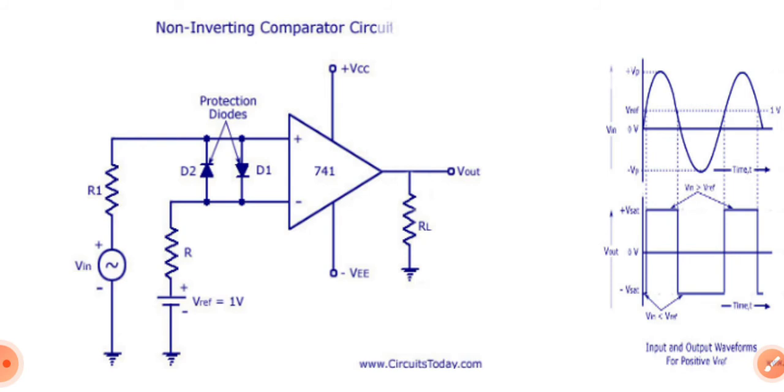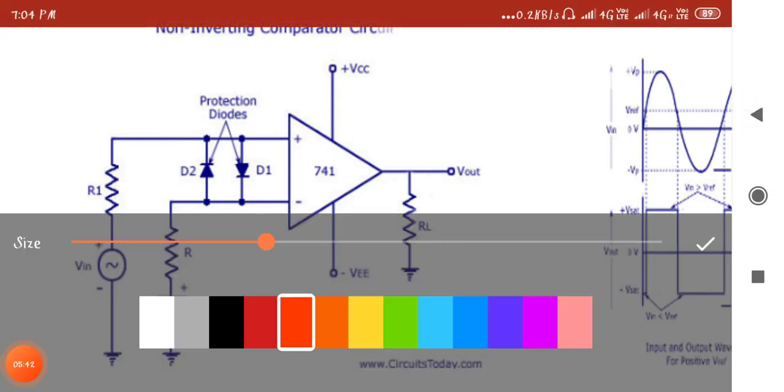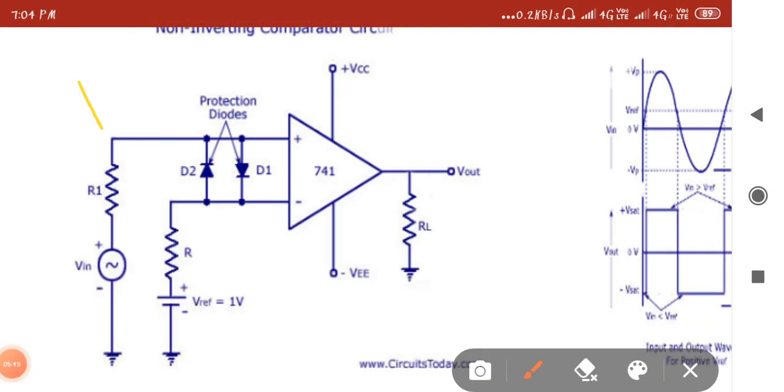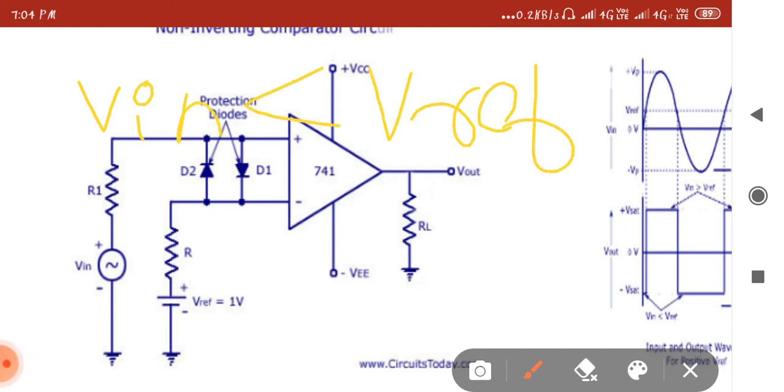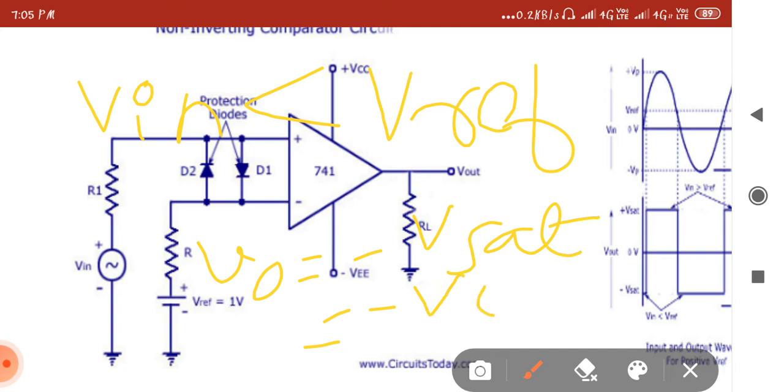When Vin is less than V reference, the output voltage V0 is at minus V saturation, that is, V0 equals minus V saturation, which is nearly equal to minus VEE, because the voltage at the negative input is higher than that at the positive input.